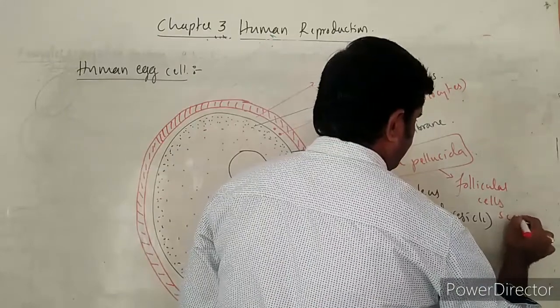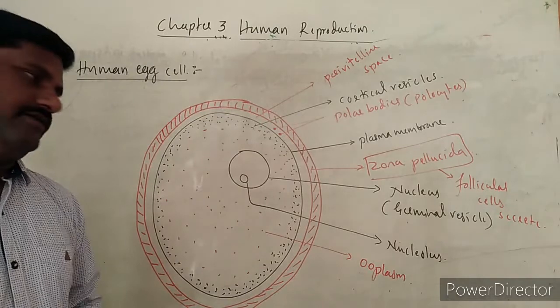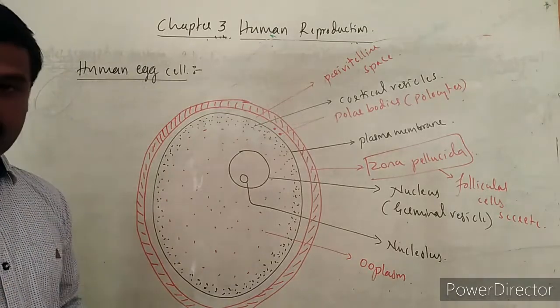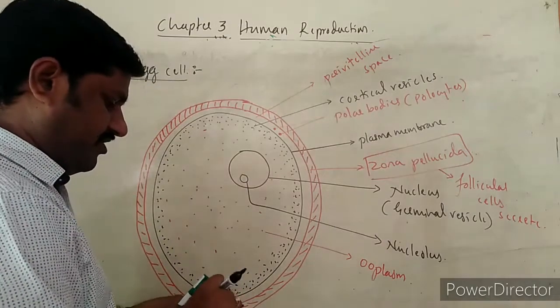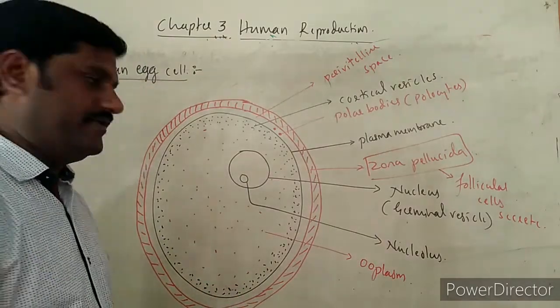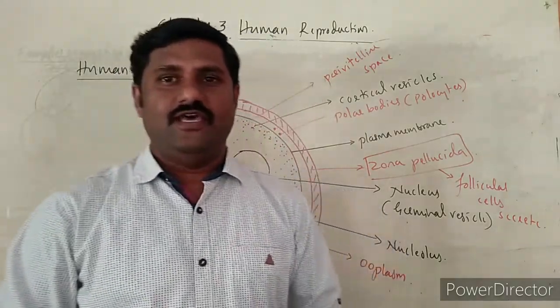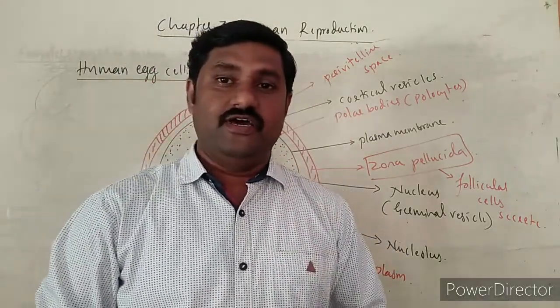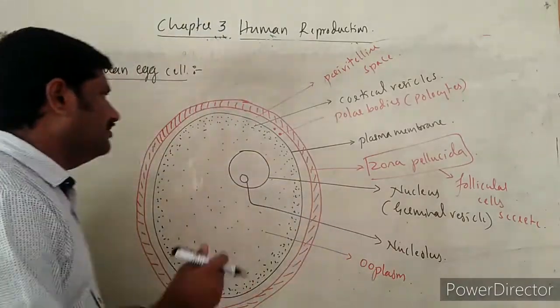The follicular cells secrete this layer itself. And above this one, we come across a special type of cellular layer. It is very thick and raised, and it is made up of radiated or radial type of cells.